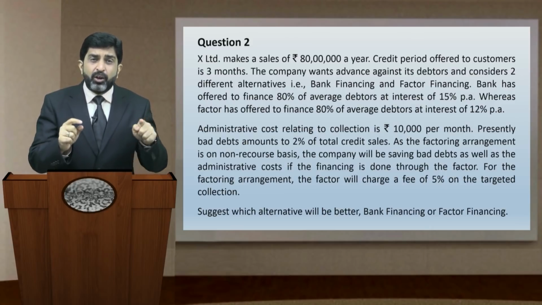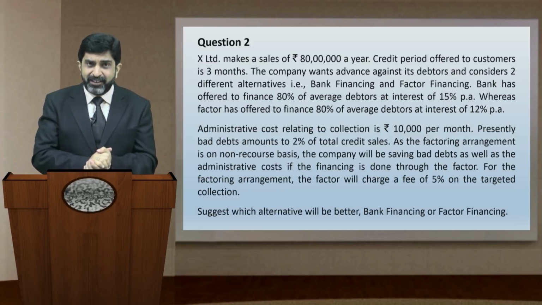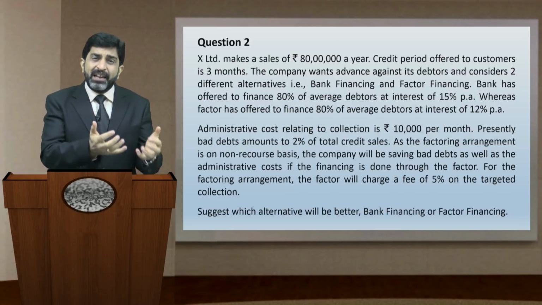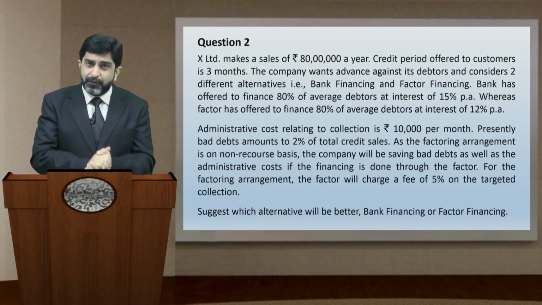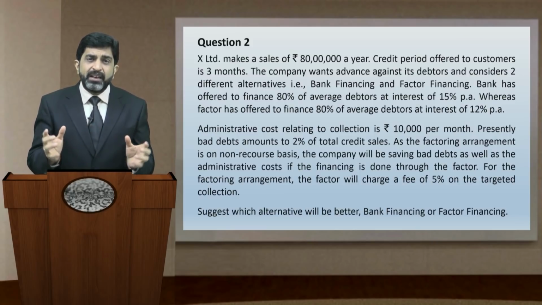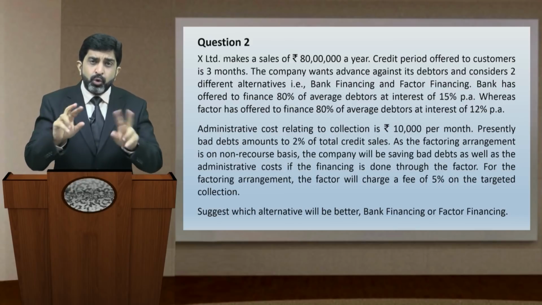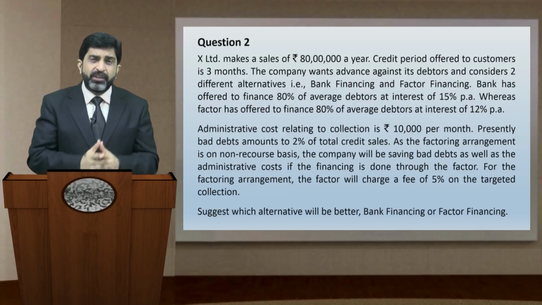Factor can bear the loss of bad debts. Bank is not going to come and bear your losses of bad debts, correct? Factor will make collection on behalf of you. Bank will not make any collection on behalf of you. So basically, we come across a situation where you have 2 different alternatives, and how would you approach this question?